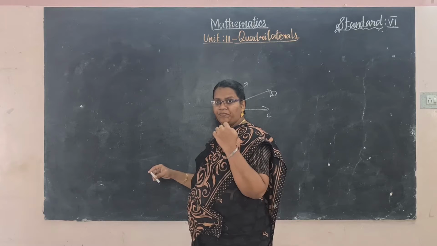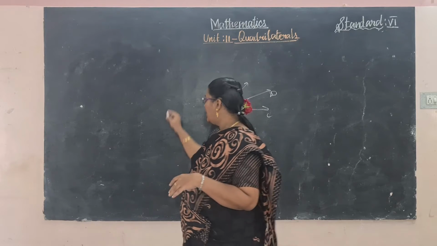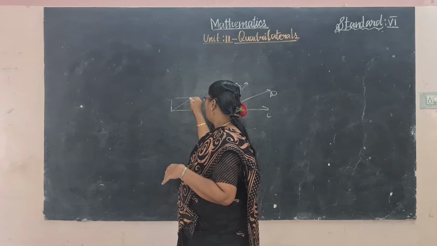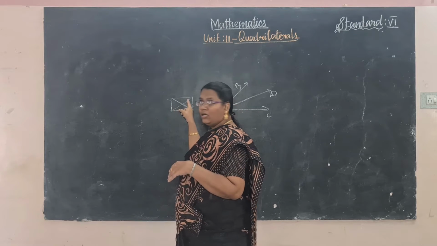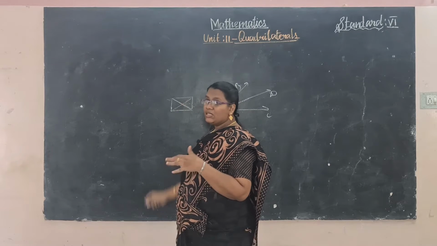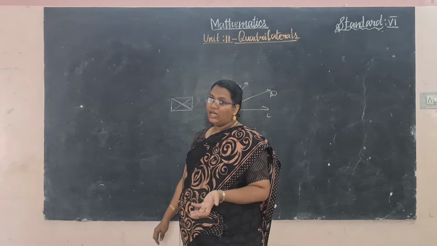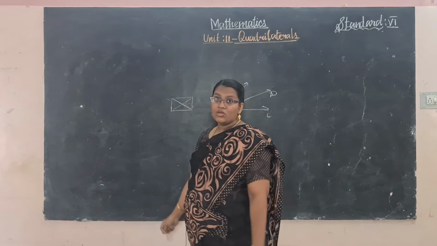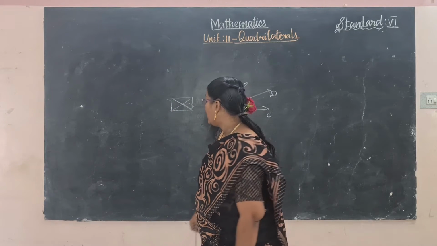It's called the convex quadrilateral. Here is one example, a rectangle. It has only 2 line segments inside, not outside of the boundary. These 2 are called the diagonals of the quadrilateral.